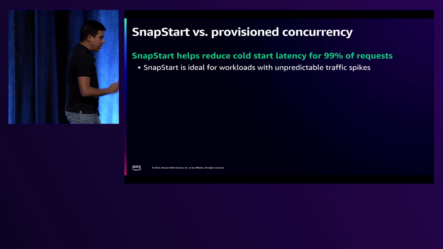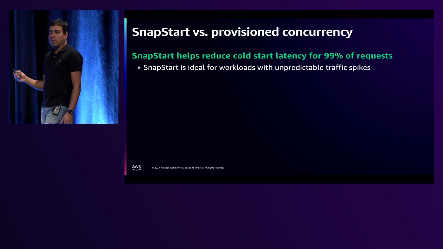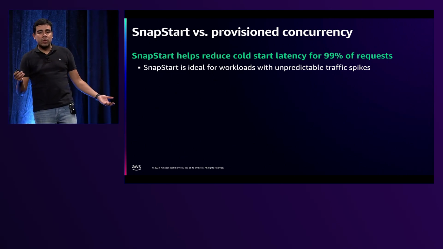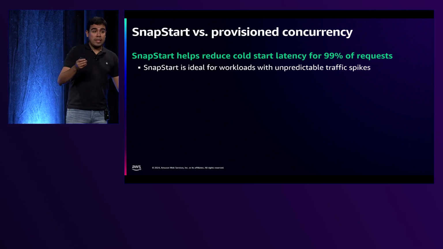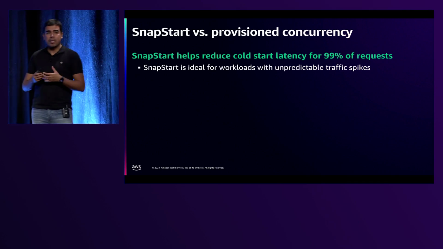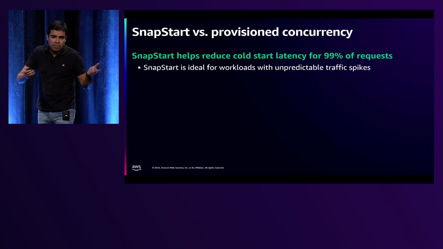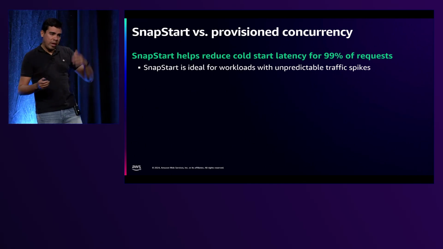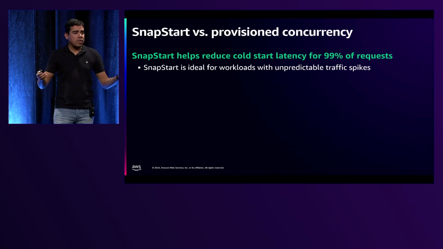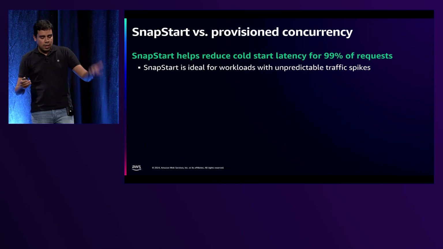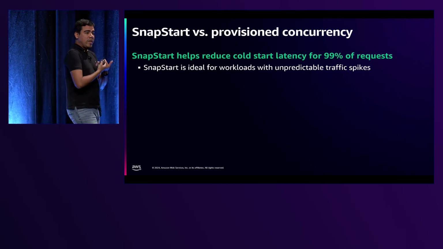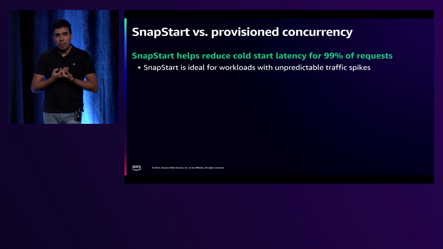Another important topic is that customers are already using provisioned concurrency. Customers ask, hey, can I use provisioned concurrency for that? For those that are familiar with it, provisioned concurrency basically warms a number of Lambda containers. You can configure it, so you can say 100, and you have 100 warm containers that will be responsive. SnapStart also has a lot of value, for example, with workloads that have unpredictable spikes.